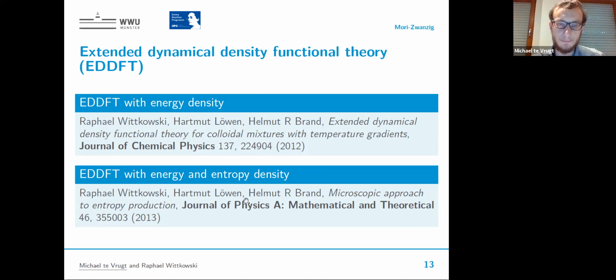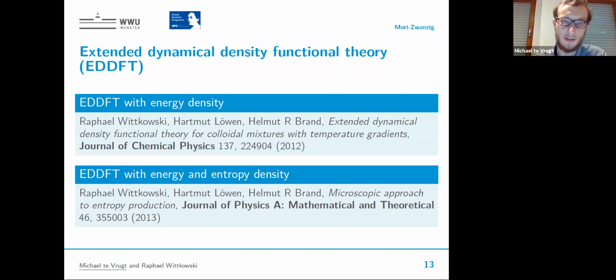And in a later paper published in 2013, that framework was extended to include also the entropy density, and thereby get sort of microscopic arguments based on assuming the local validity of the first law of thermodynamics for the entropy production.